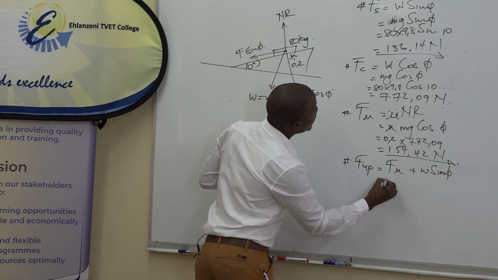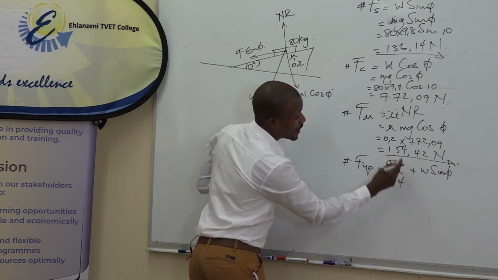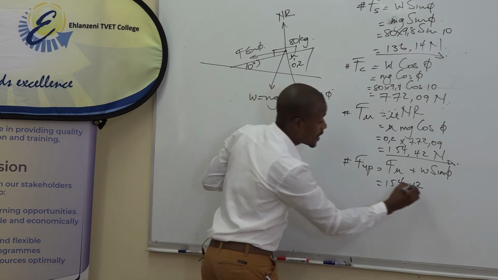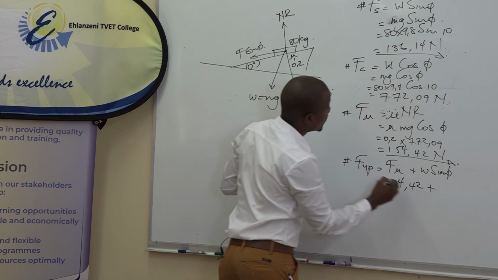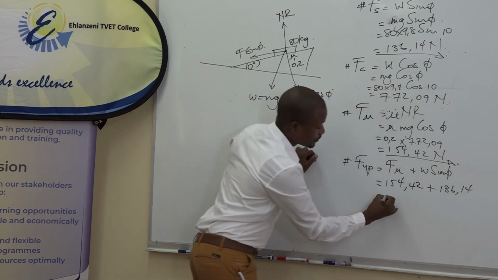So this will give me 154.42, which is my frictional force, plus my weight component parallel to the plane, 136.14.